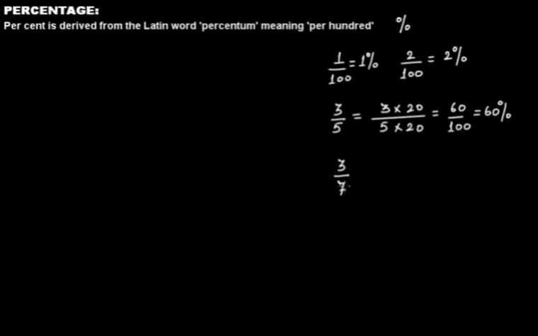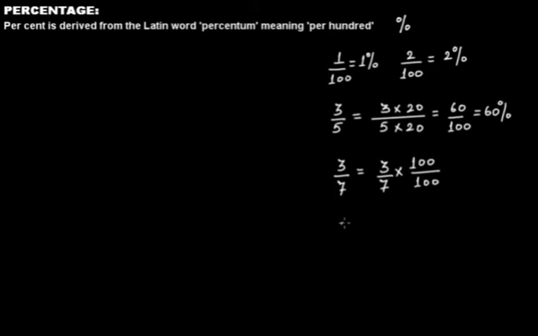But that is not the case with 7, because 7 is not a factor of 100, right? So in that case, what will we do? That's again very simple. Multiply 3 over 7 with 100 over 100, because 100 over 100 is nothing else but 1. If you solve this, you'll get 1.